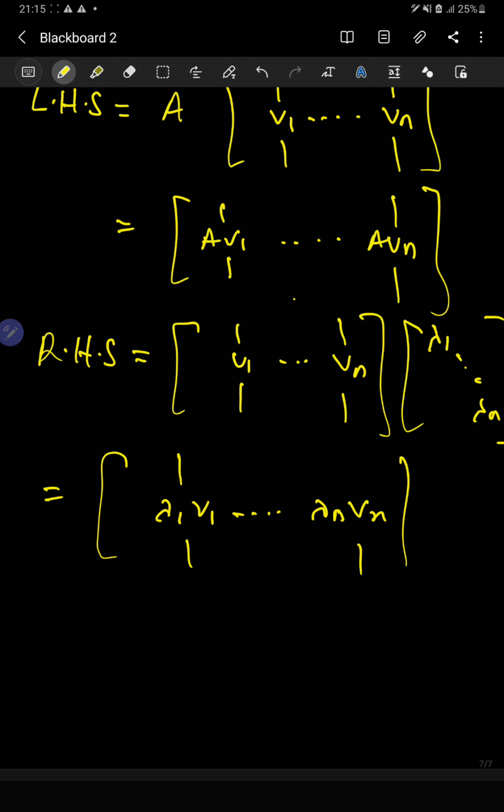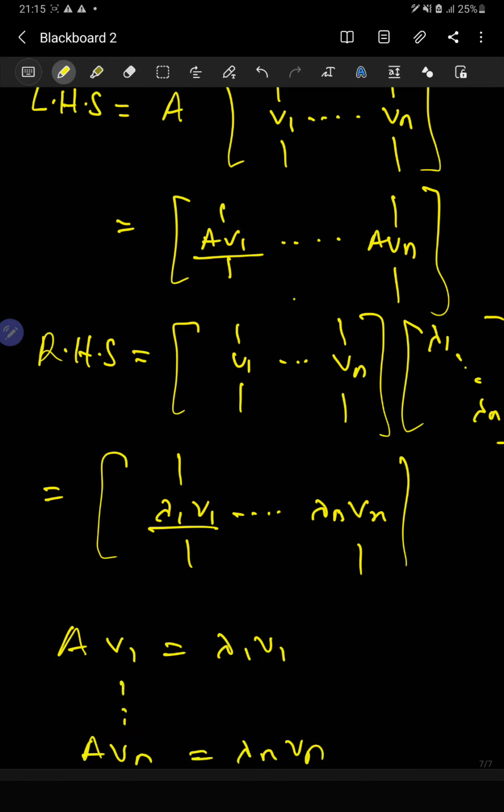If you match the terms on the left hand side and right hand side, Av1 is lambda 1 v1 and Avn is lambda n vn, which is our eigenvalue equation, right?